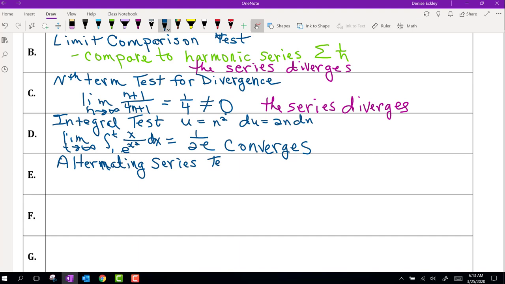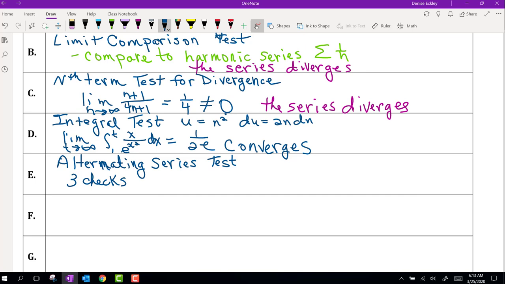So you can do your 3 checks on that one, and see that a sub n is positive, that a sub n plus 1 is less than a sub n, and that a sub n approaches 0 as n approaches infinity, so the series converges.